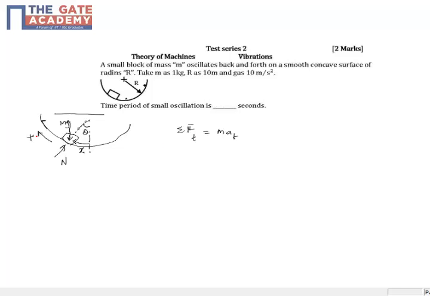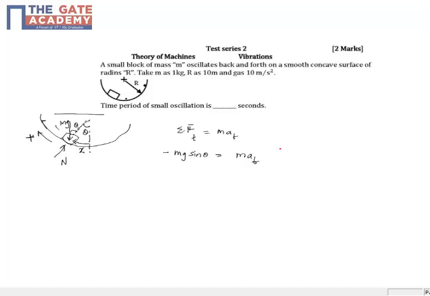Along this direction, I assume this direction is positive. The mg force component is mg sine theta, acting in the reverse direction. mg cos theta is along the normal, and mg sine theta is along the tangential, but in the reverse direction. So minus mg sine theta, and the normal force will not apply in the tangential direction, because it is normal, and this equals m a_t.